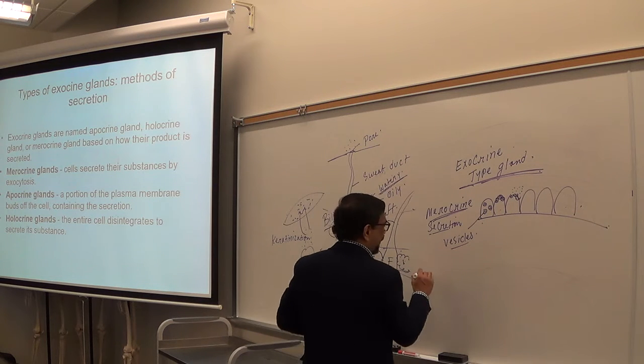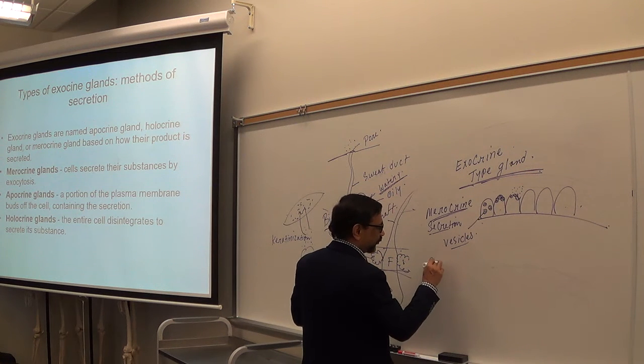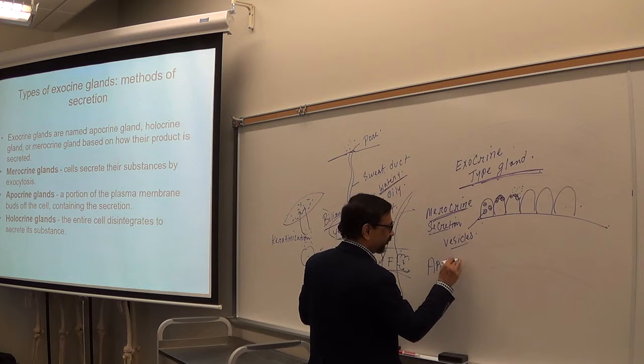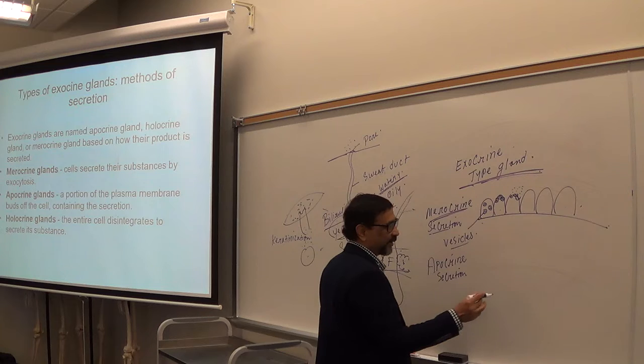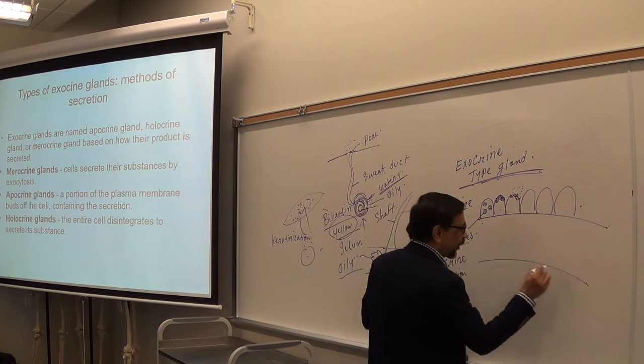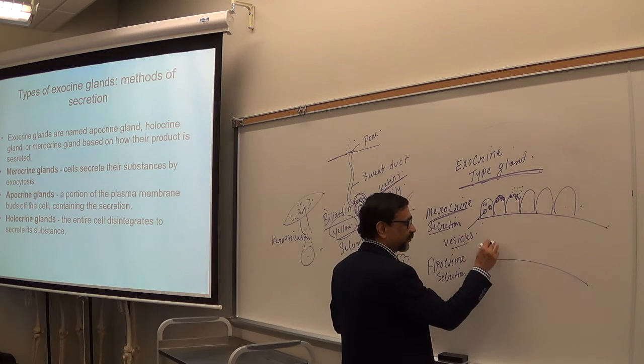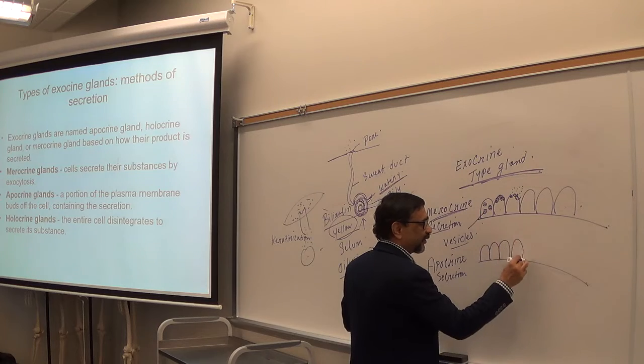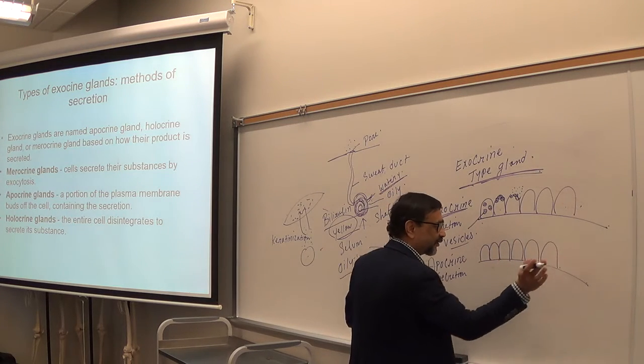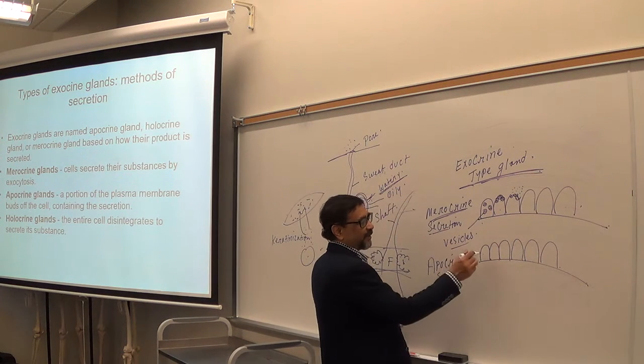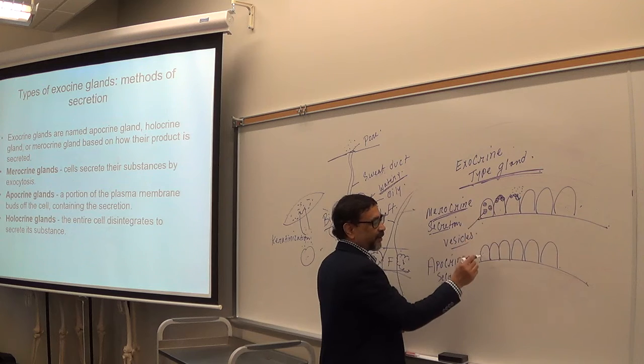Another is called apocrine secretion, and these glands are called apocrine glands. What happens in apocrine, you see, this is interesting. These are the cells that secrete the chemicals. No vesicles are formed.